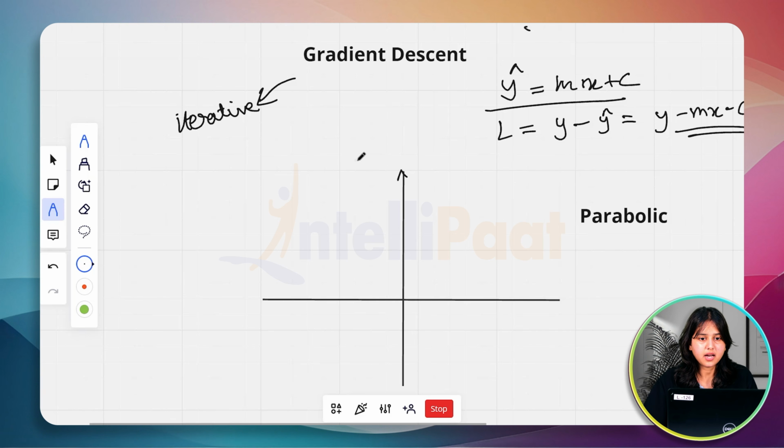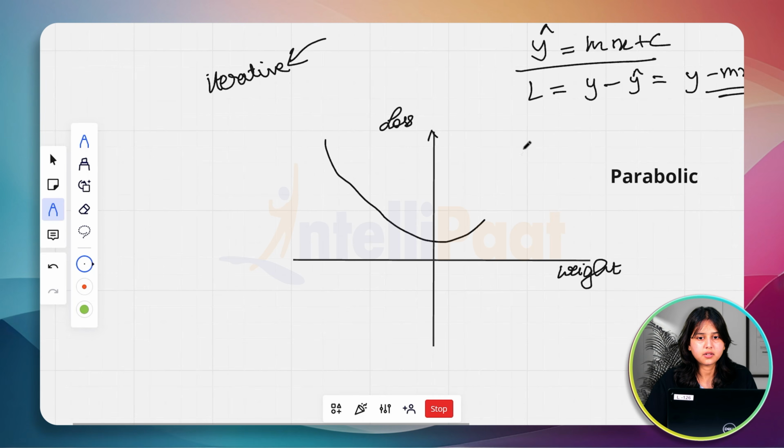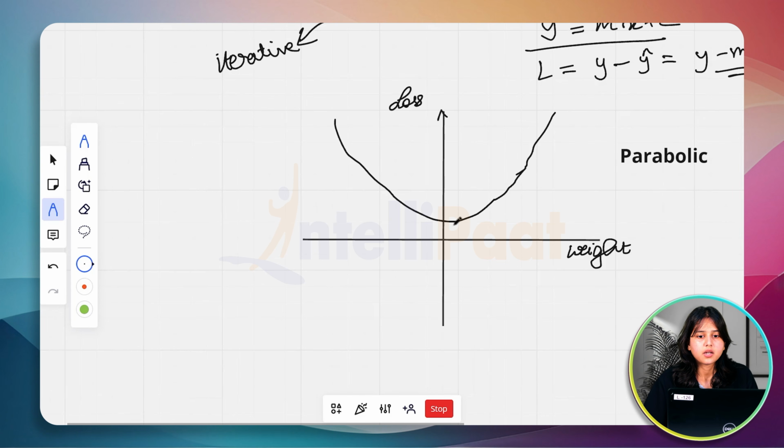So let's say we have loss versus weight, and this is our graph, right? In order to have the minimum loss, we're going to traverse this graph until we reach a point which represents our global minima, right?